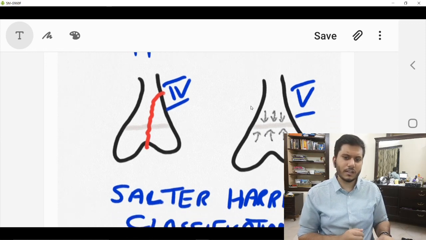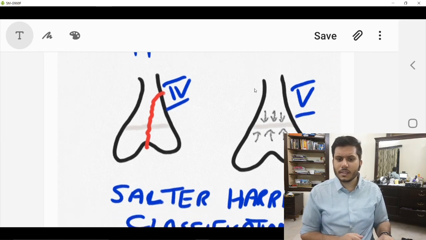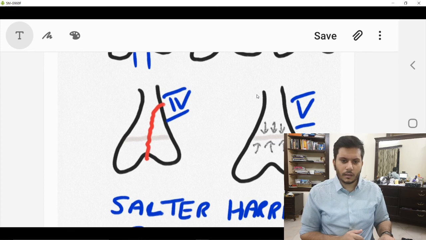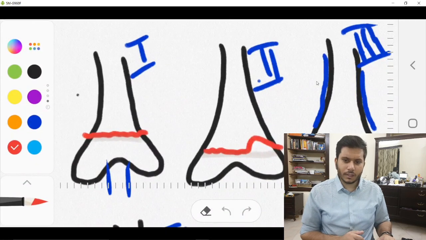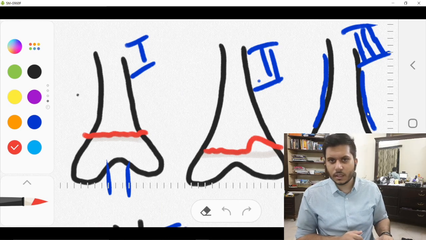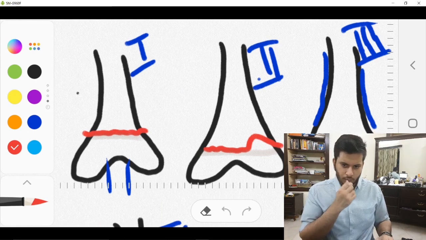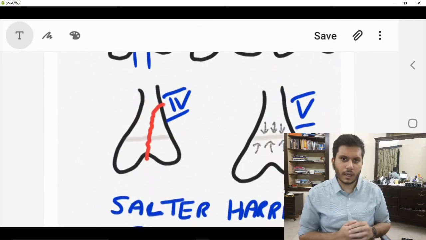And then we have an additional sixth type, which basically involves the periosteum, or the surface that covers the bone. Stripping off of this periosteum can lead to a type 6 injury, which is also a very bad injury. So that was the classification of Salter and Harris. Thank you.